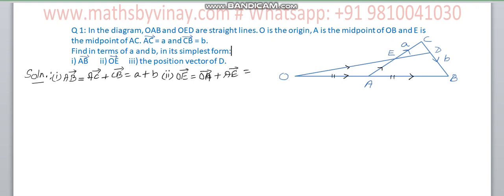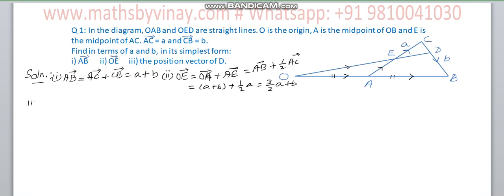So the value of OA is exactly the value of AB, and AE is half of AC. So we can write a plus b at the place of AB, this is from part 1, and half of AC is half of a. Finally on adding, you are going to get 3 by 2 a plus b.